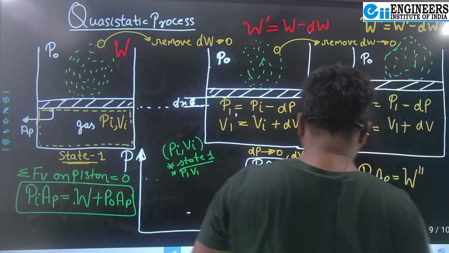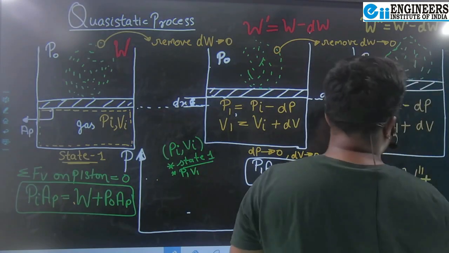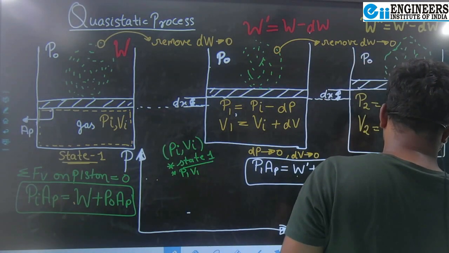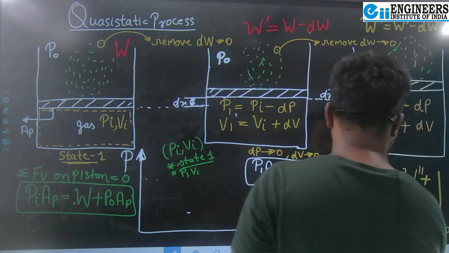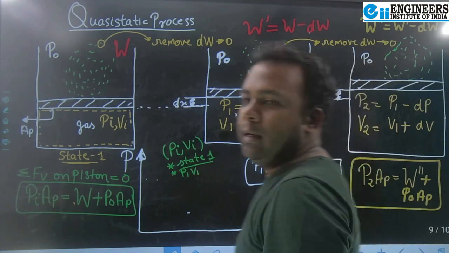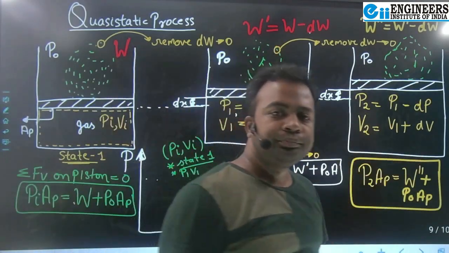So that is what is written here, W double dash plus P naught AP. So this is the third step which I have shown to you, right?